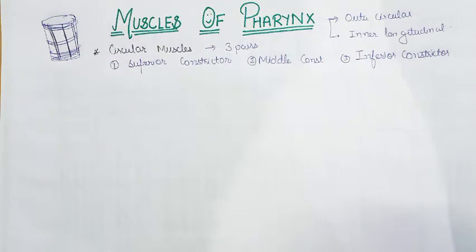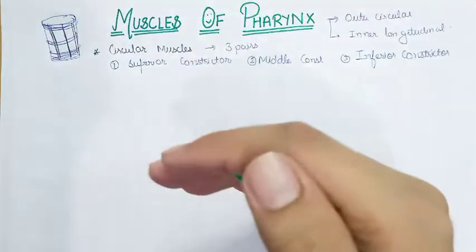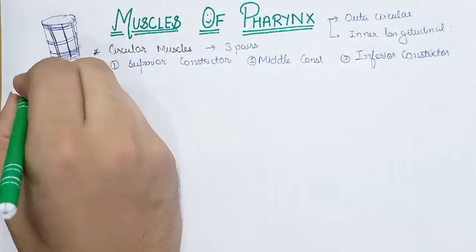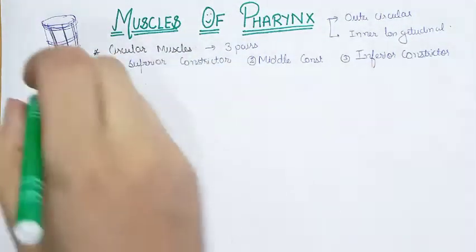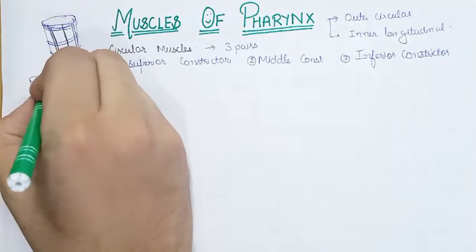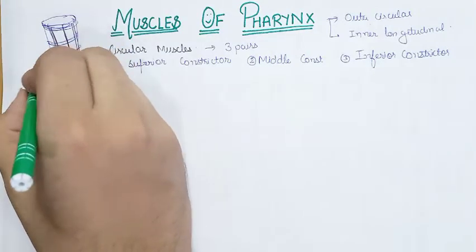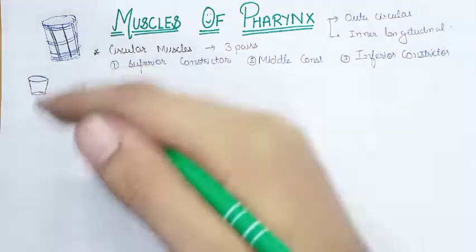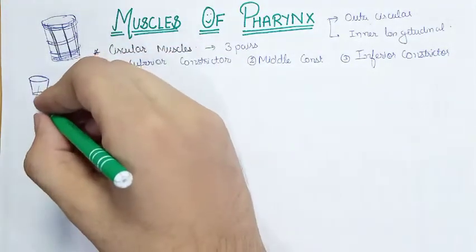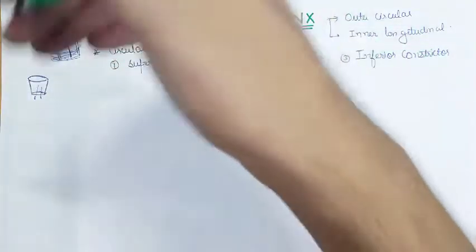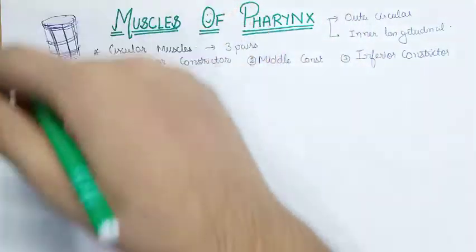When we talk about the shape of all these muscles and their orientation, you can imagine them as flower pots placed one over the other. Suppose here is the inferior constrictor, present innermost. Imagine this as a flower pot without the bottom, so the substance can easily pass through it.